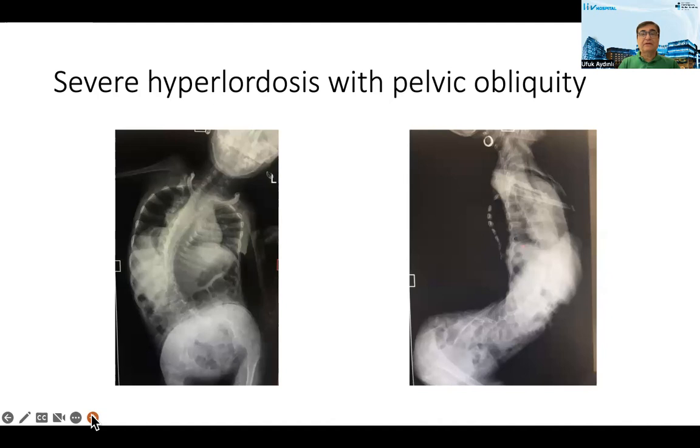If the patient has a muscular or neurological problem in the lower extremities and doesn't have sitting balance, they have to use their hands to be able to sit. Then they become quadriplegic because they cannot use their hands for different activities.